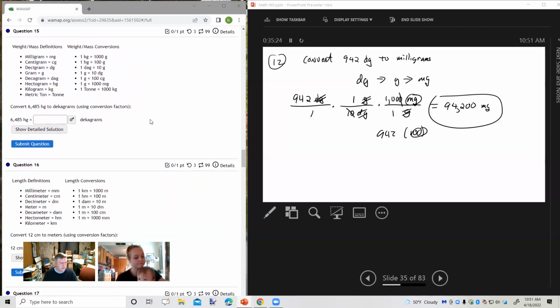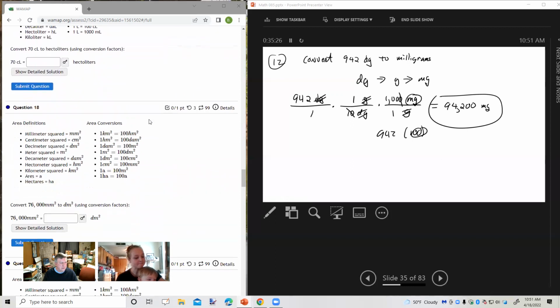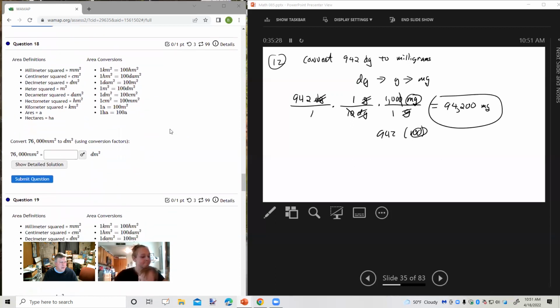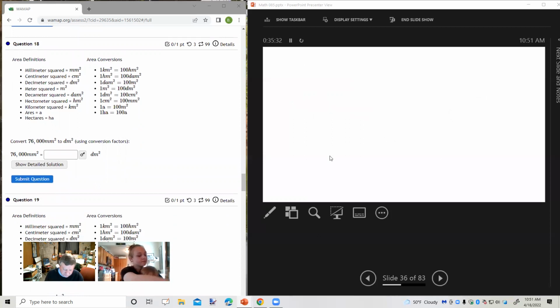Let's see here. Let's talk about square units. Now, if 10 millimeters equals 1 centimeter, let's say I've got a square that is 1 centimeter by 1 centimeter. So that would have an area of 1 square centimeter.